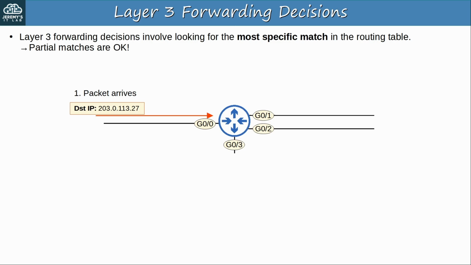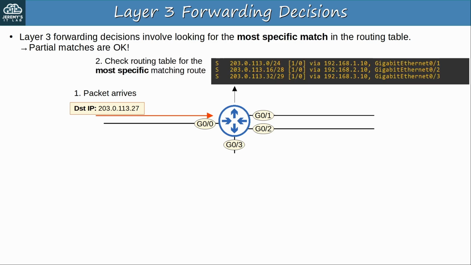So in this example, a packet arrives on the router's G0/0 interface, and it has to decide what to do with it. It checks the routing table for the most specific matching route. Which one is it in this example? It's this route to 203.0.113.16/28.